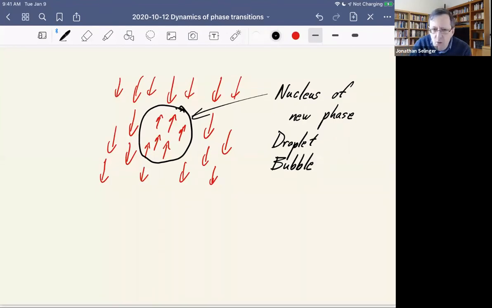So what all of those words mean is a region of the new phase which is surrounded by the old phase, right? That outside here, this is the old metastable phase. And in here is the new stable phase.